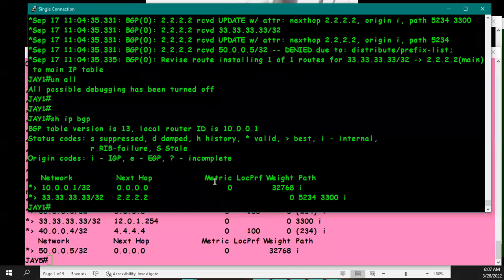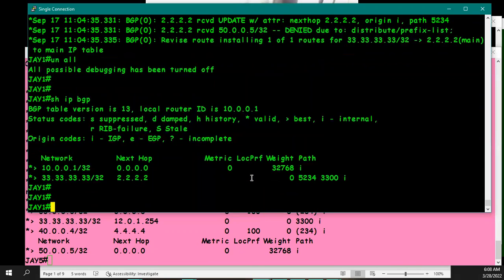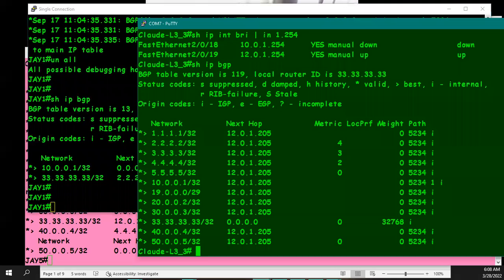But the external speakers recognize the confederation as a whole, and don't look at it as those sub numbers. Here you go, right here. All those routes are coming from the Confederation 5234 as a whole. So you won't see it broken down into the actual sub-autonomous systems themselves.